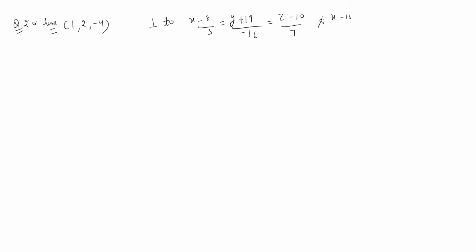Question number 20 says: find the vector equation of the line which is passing through the point 1, 2, minus 4, and perpendicular to two more lines, which are x minus 8 upon 3 equal to y plus 19 upon minus 16, z minus 10 upon 7, and x minus 15 upon 3, y minus 29 upon 8, and z minus 5 upon minus 5.